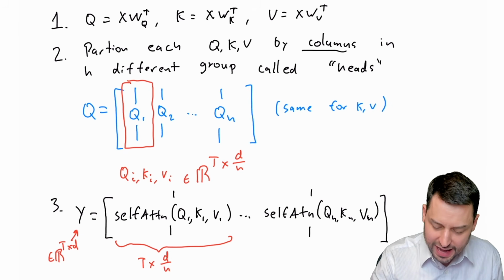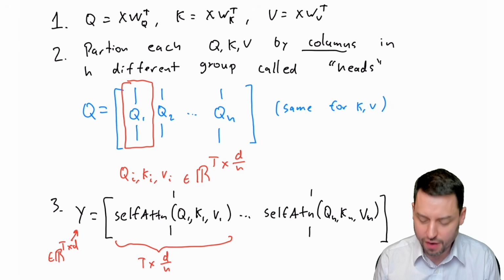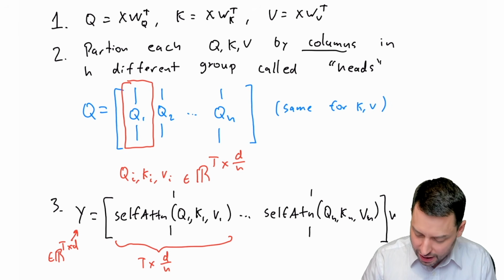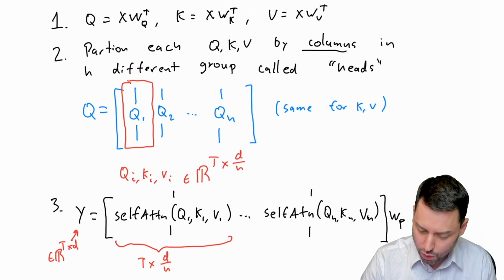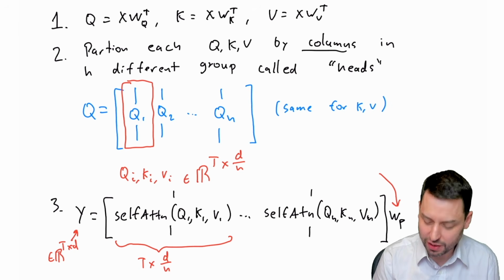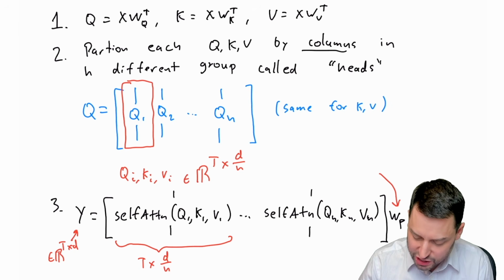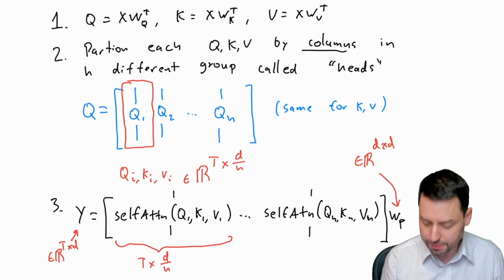Now, one last thing is that there usually is one more operation at the very end called a projection. We multiply by one more set of weights, the projection weights, W_P, which is just also a D by D matrix. By convention, this could be a separate linear layer.